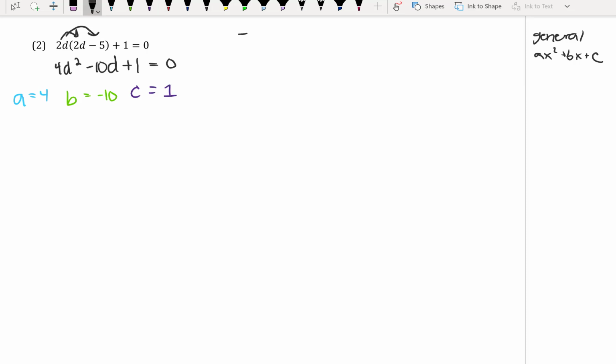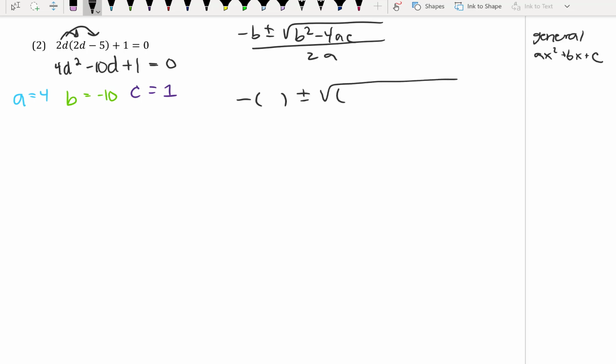And remember that formula is negative b plus or minus the square root of b squared minus 4ac all over 2a. The first thing I'm going to plug in is my b value, which is negative 10.